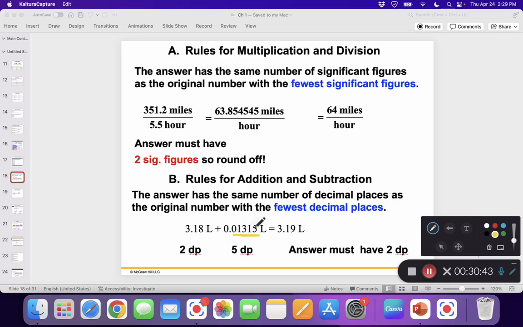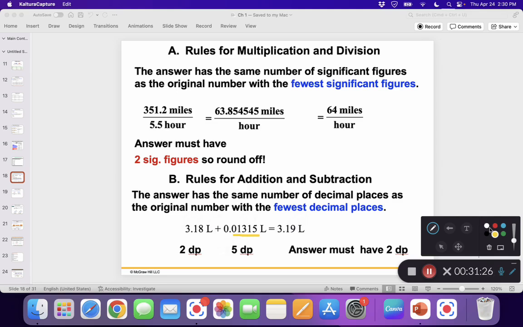So when I add these numbers, the answer should have the same number of decimal places as the original number with the fewest decimal places. The fewest is 2. When you add these numbers in the calculator, you might get many digits, but you have to report your answer with just 2 digits after the decimal.